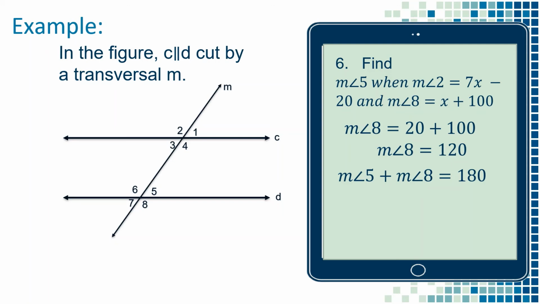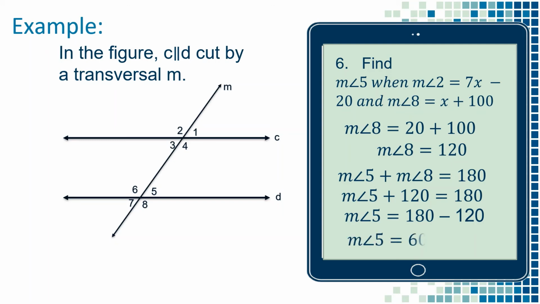Since measure of angle 8 is 120, so we have measure of angle 5 plus 120 equals 180. So to solve for the measure of angle 5, we subtract 120 from 180, so you will come up with 60. So therefore, the measure of angle 5 is 60.